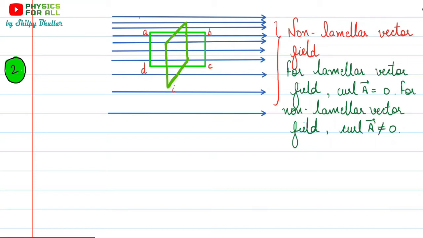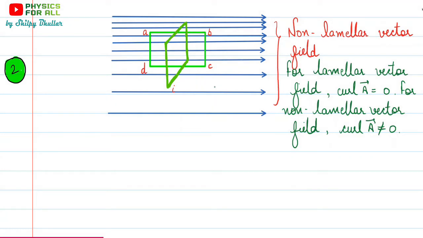Here you can see these blue arrows actually represent a non-laminar vector field, and these arrows represent layers of the liquid. So the gap is not the same. Somewhere they are quite close to each other and somewhere the layers are quite distant from one another.